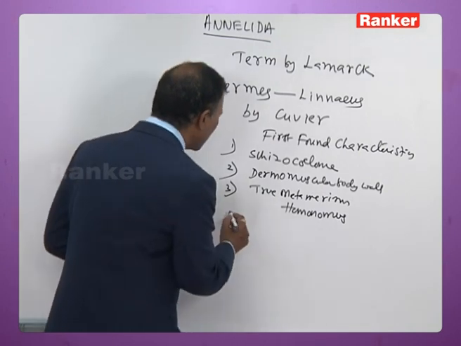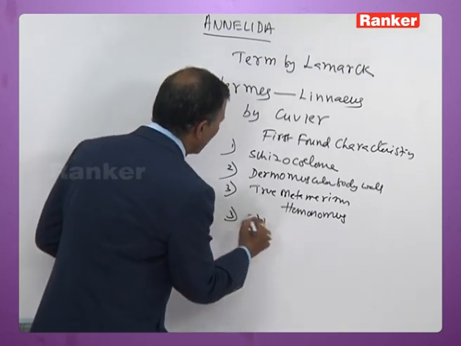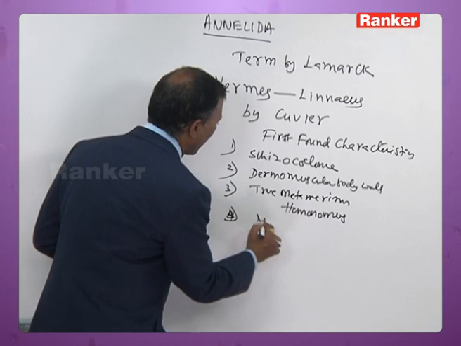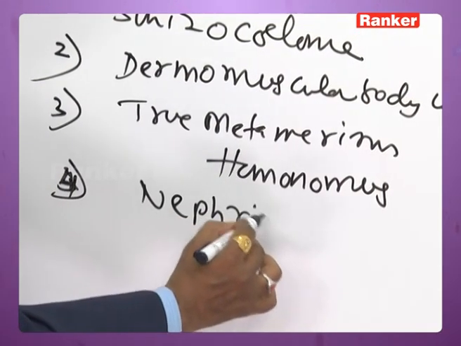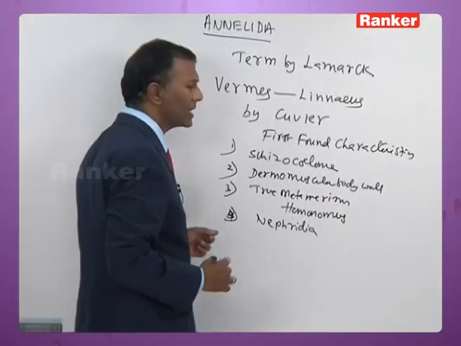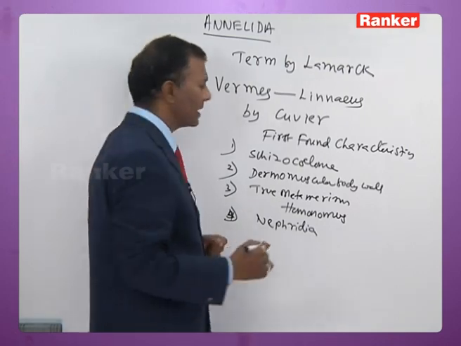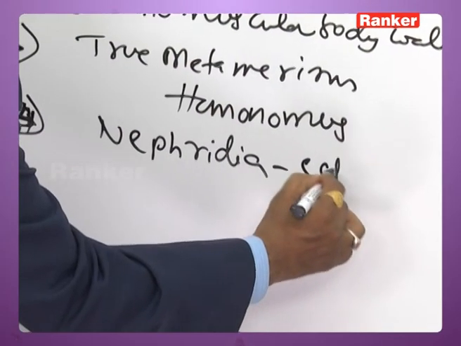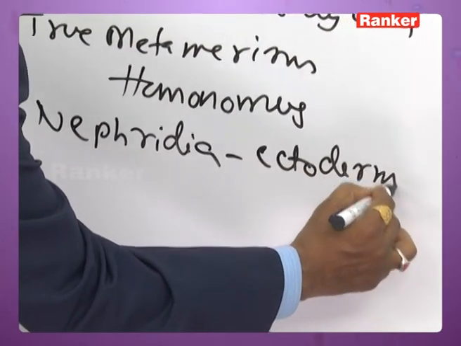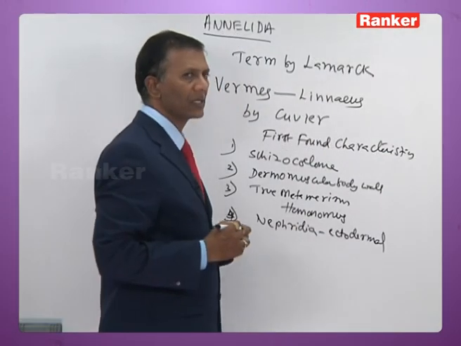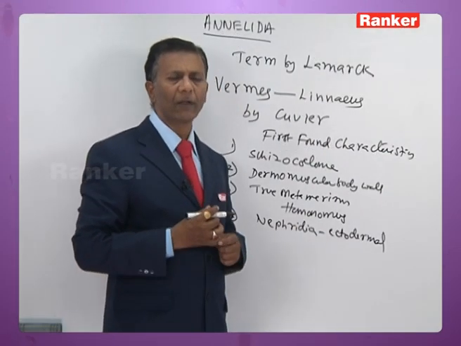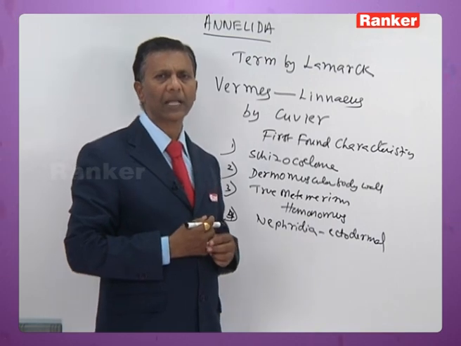Then in Annelida, excretion is by nephridia, which are ectodermal in origin. The chief function of nephridia is osmoregulation rather than excretion.